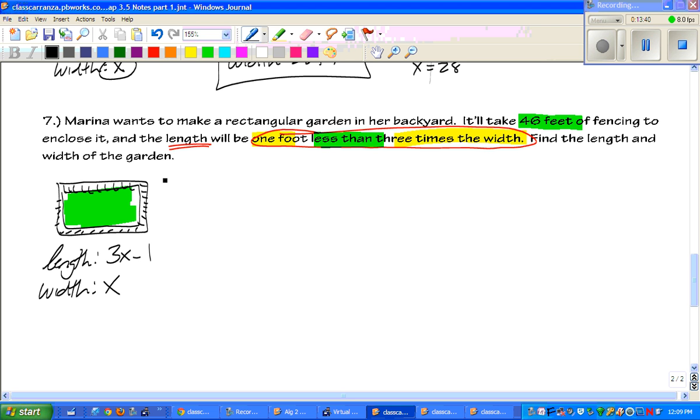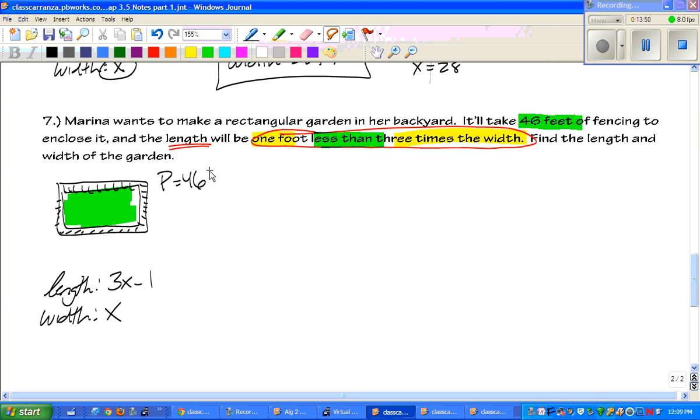Okay, and now we know that the perimeter equals 46. So now we're going to do the same thing as we did in the last one. We need to go all the way around. So we know the width is x, the length is 3x minus 1, and we write all that down. So 3x minus 1 plus x plus 3x minus 1 plus x, and all that is going to equal 46.